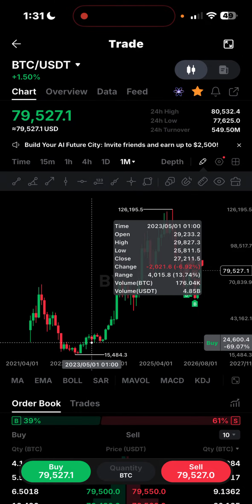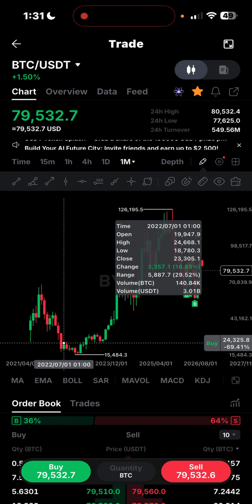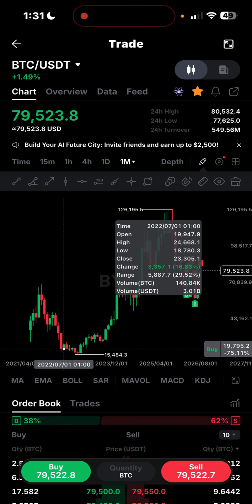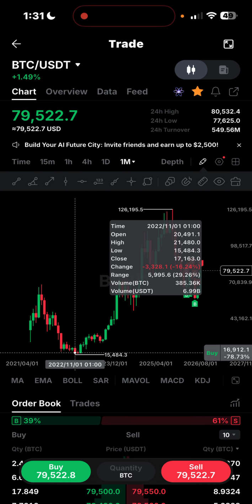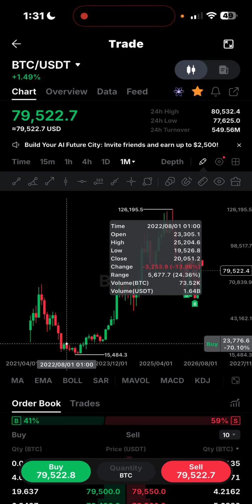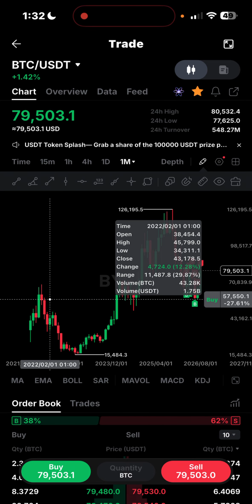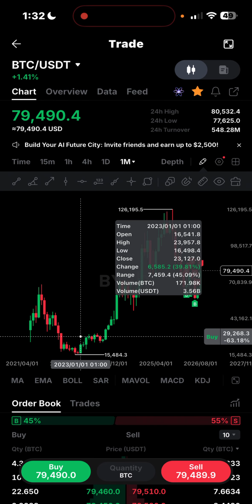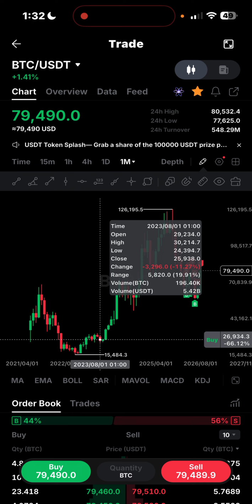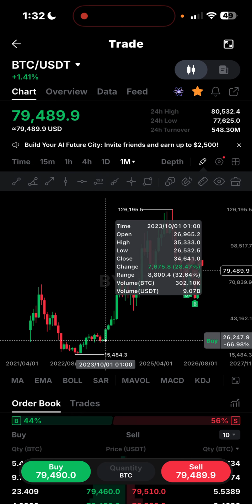And from the bear market, we break above the previous high on the monthly time frame to form another high. Since we've broken above this previous high, the market has shifted from the previous bear market. It's about to go into the bull market now. So the market is changing from a downtrend to an uptrend.